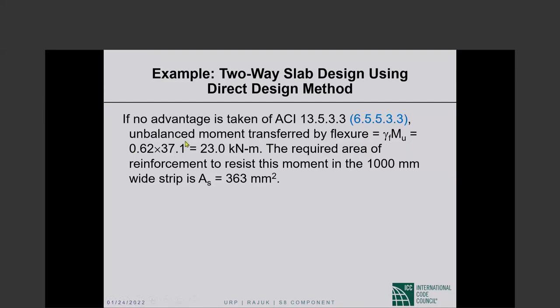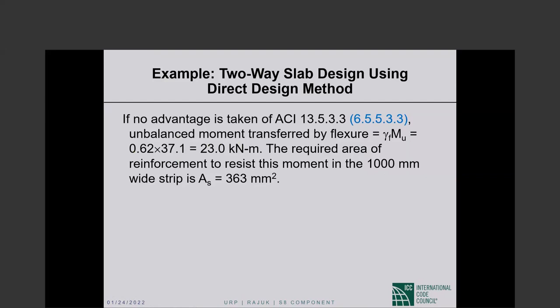That will give us 23 kilonewton meters. Required area of reinforcement to resist that moment in the 1000 millimeter wide strip. That calculation I did not show you. I probably should have written that.